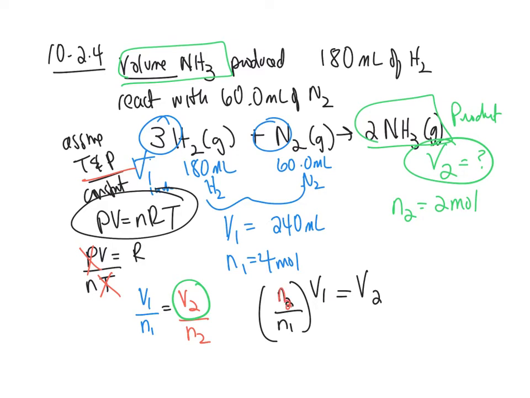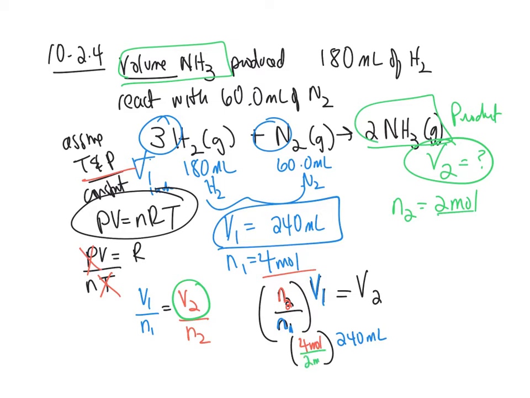Okay, so we're going to do that. Let's make sure we're on the same page here for N1 and then V1. So now we want to plug and chug. V1 is 240 milliliters, N1 is 4 moles, and N2 is 2 moles.